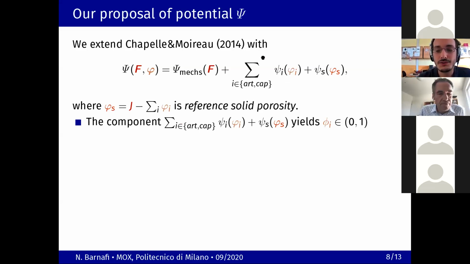But we also consider the addition of energies depending on the local porosities. There's a list of advantages. One of them is that this term on the right works as a barrier function so that our porosity makes sense: it's a percentage, so it should be between 0 and 1, and we can achieve this through this kind of model.